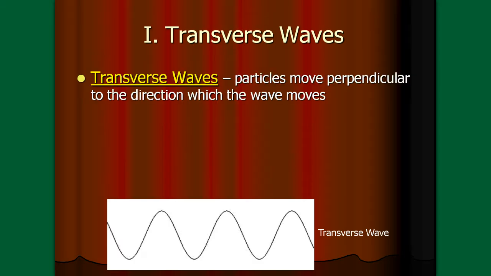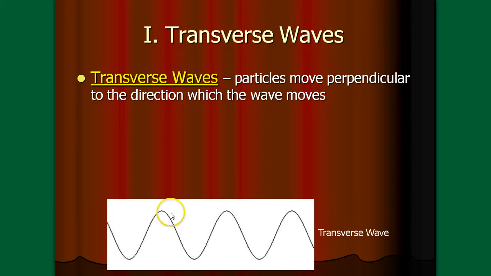In a transverse wave, basically the particles are going to move perpendicular to the direction that the wave moves. Okay, so for the wave that you're showing down here on the bottom, if the wave itself is moving toward the right, the particles are moving perpendicular to that direction at a 90-degree angle.